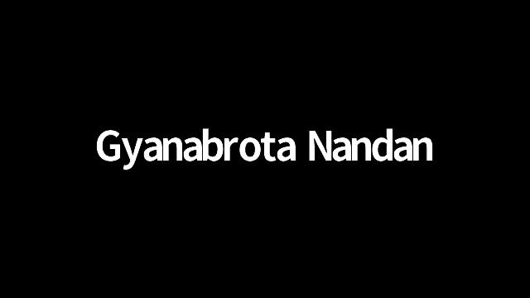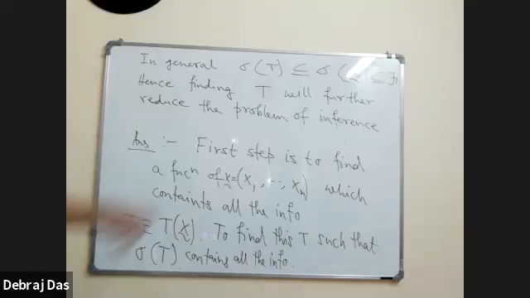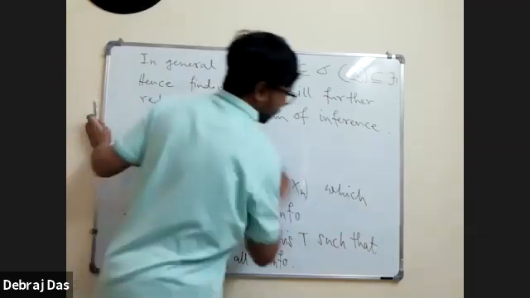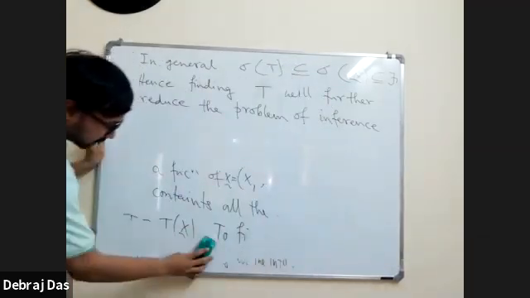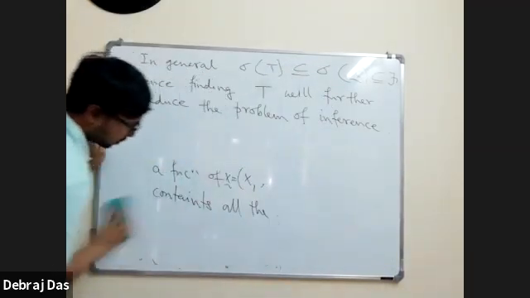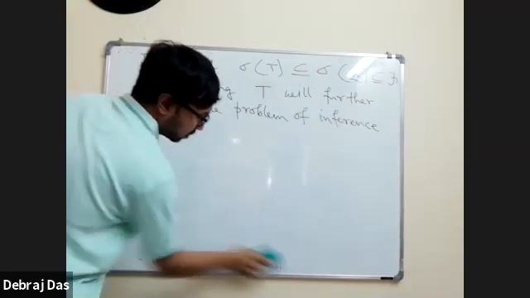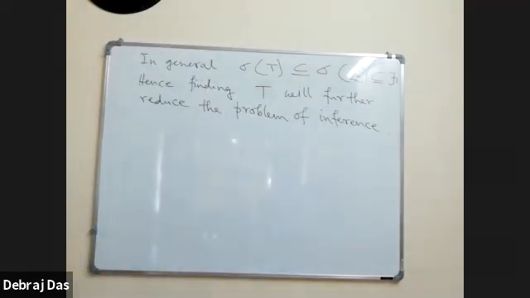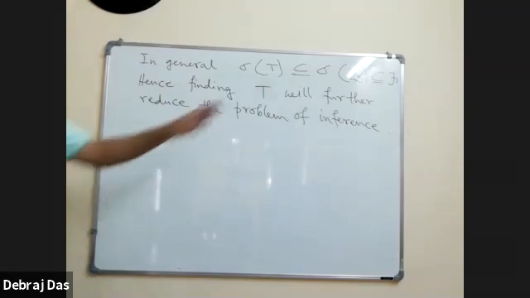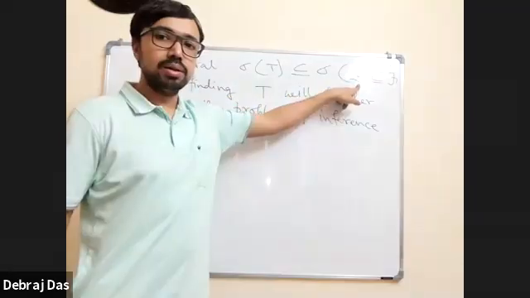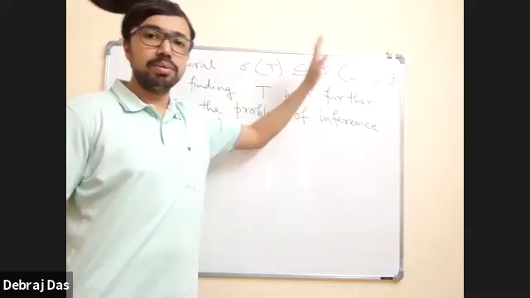Okay, so this type of T is what is called the sufficient statistic. So first of all, what is a statistic? A statistic or an estimator is nothing but a function of the sample only. It does not involve any parameter.